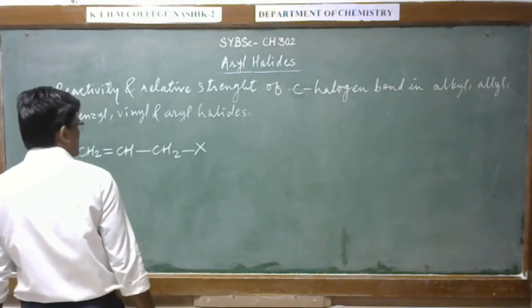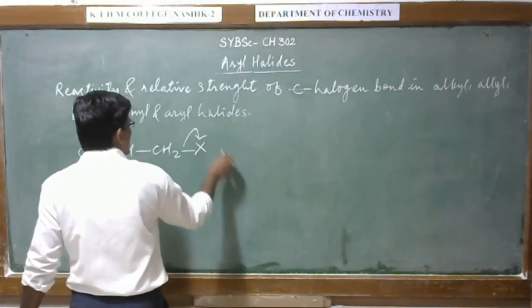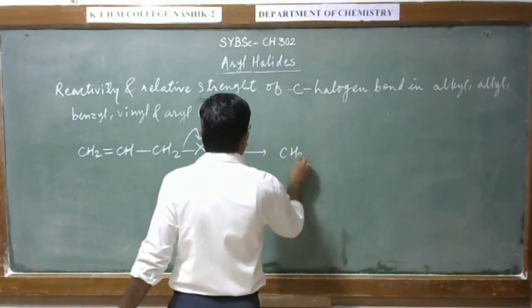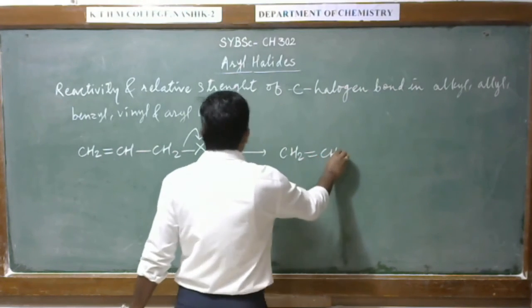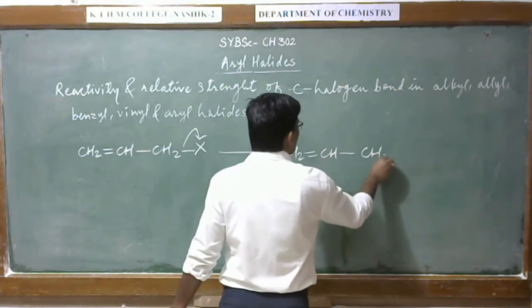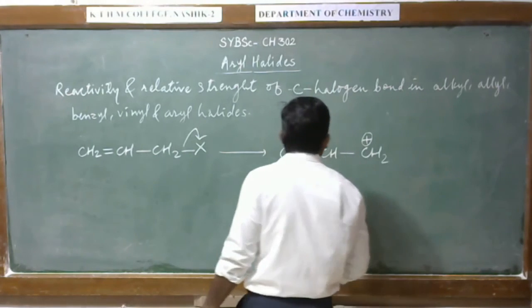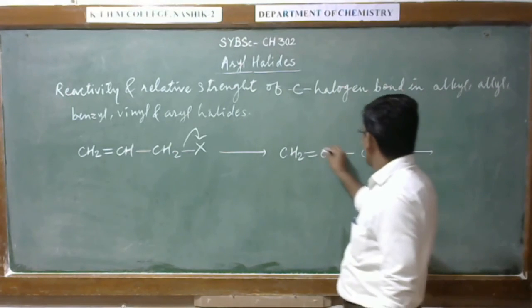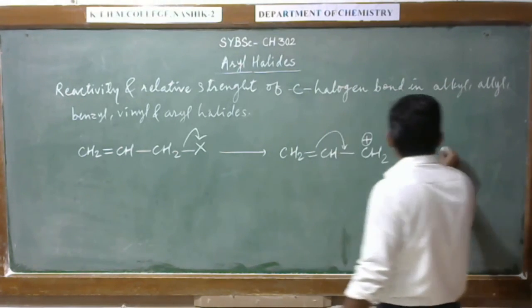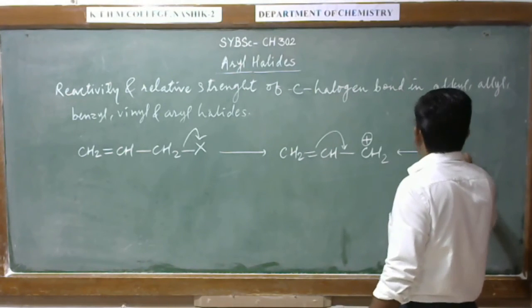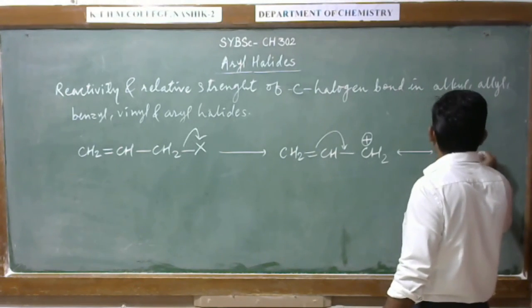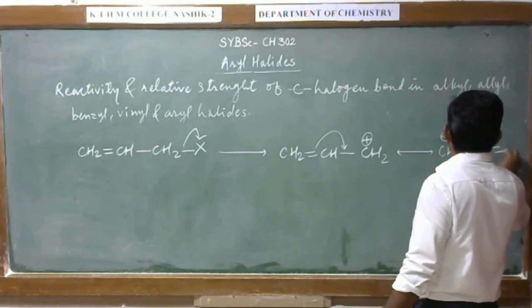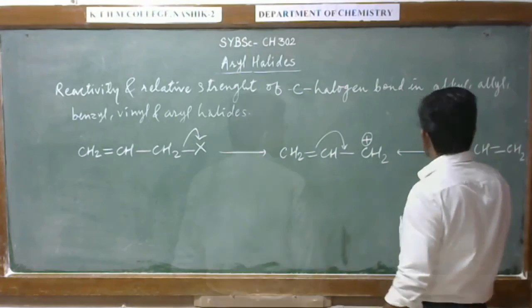In this case, when this halide departs, we can get this cation. Alright. So this cation can get converted to other cation.